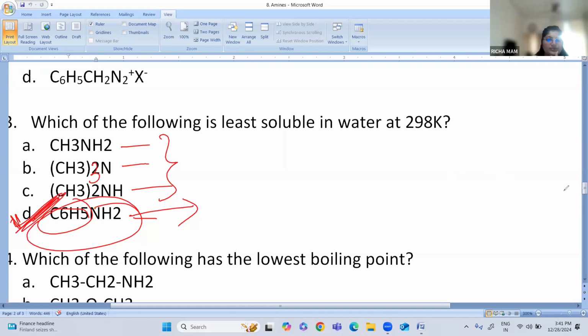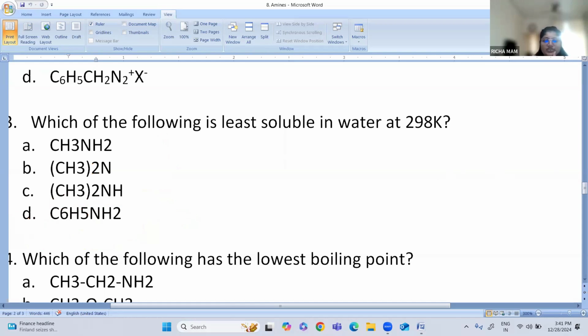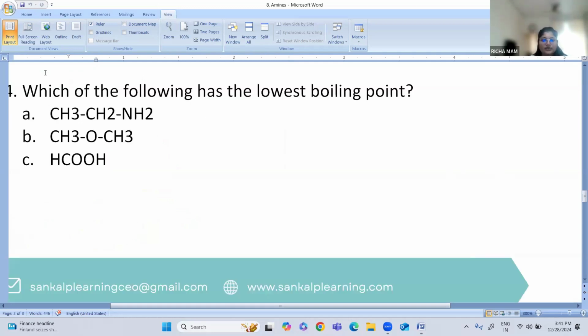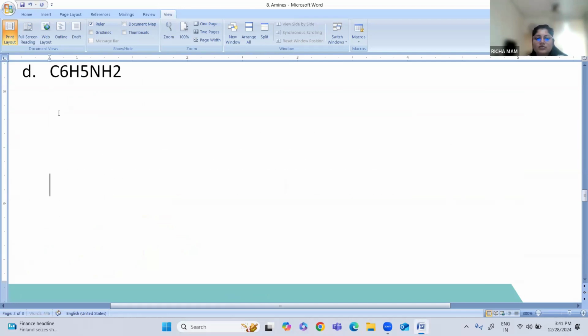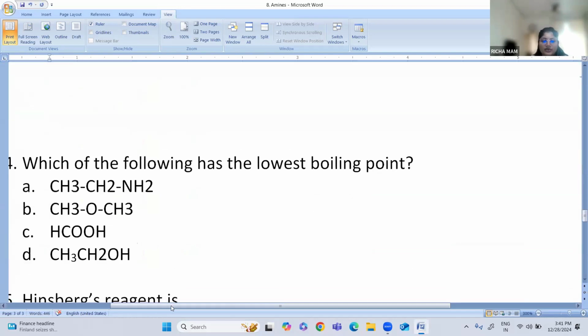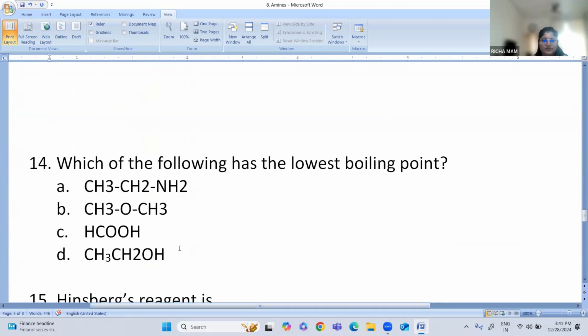Next one, which of the following will have the lowest boiling point? You have ethylamine, which is your amine.